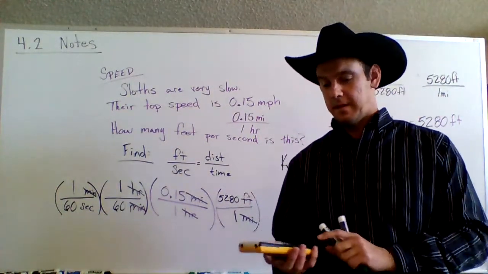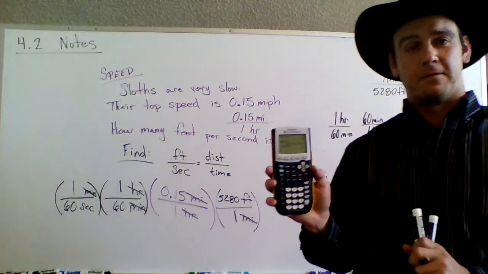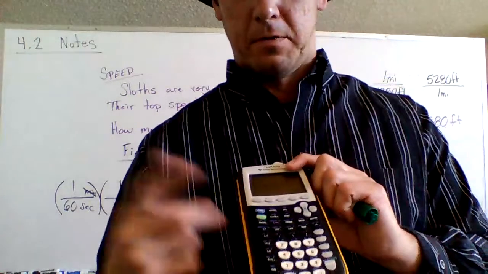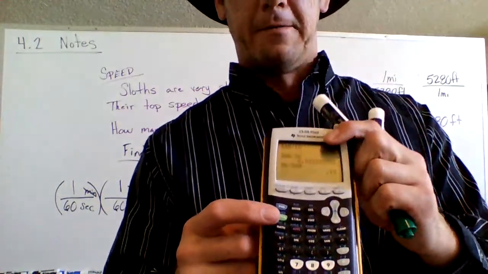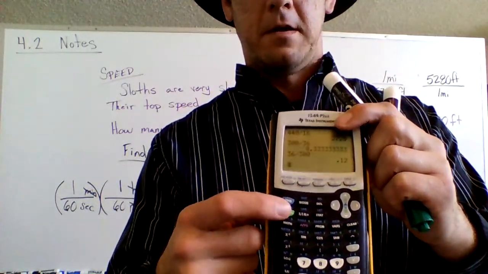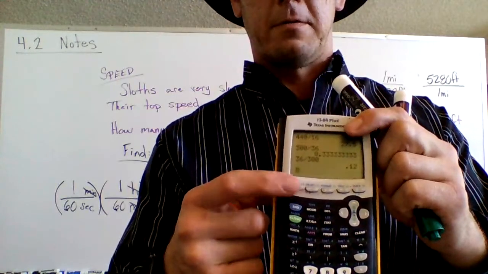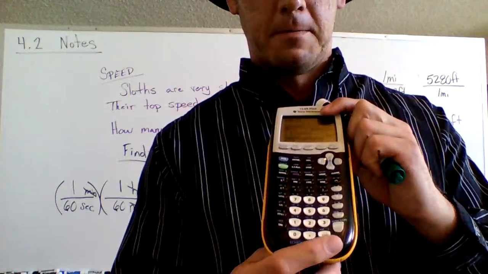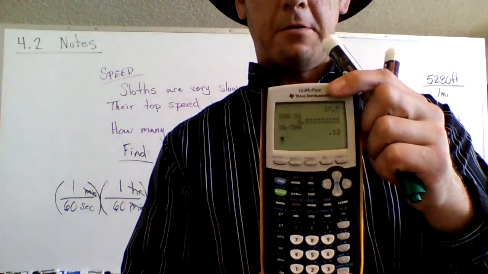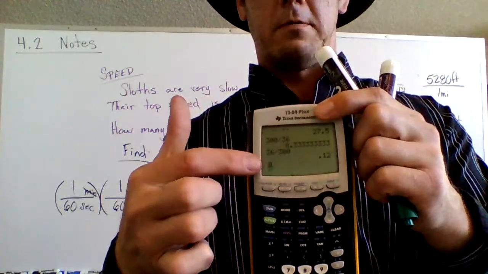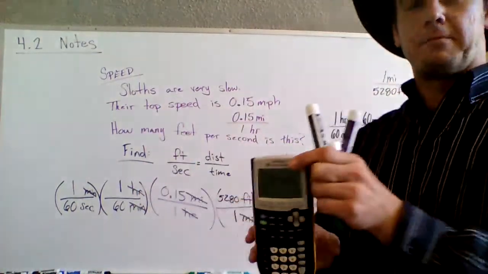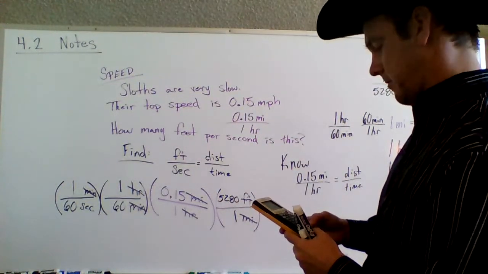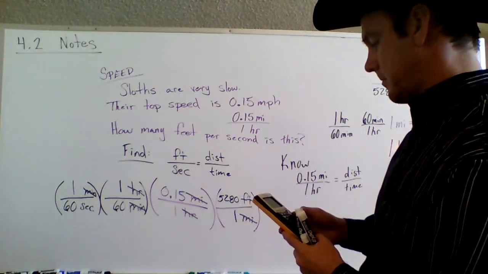It's easiest if you have a TI-84. Remember, if you hit that, we call it pretty print, alpha right here, y equals right here, and then that second function, you just hit enter. It will give you a fraction like this. Oops, there we go. You can just type everything on top there: 0.15 times 5,280 feet.